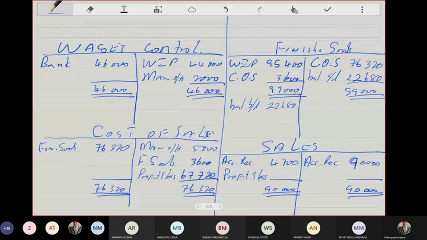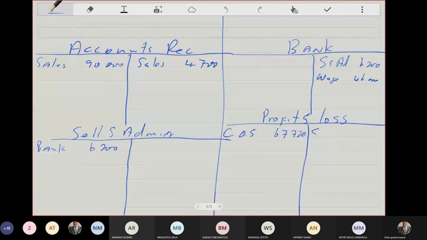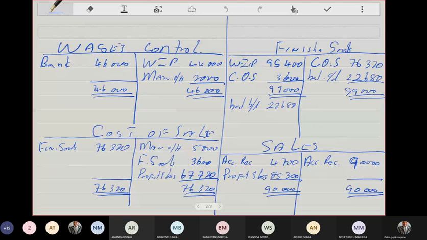So our balancing figure on our sales is going to be 85,300 to the credit side. We've got sales here of 85,300. And we're done with that sales.